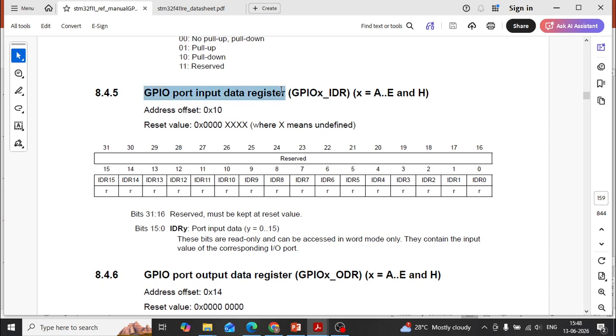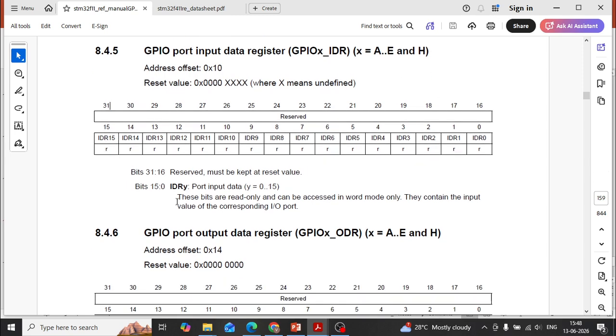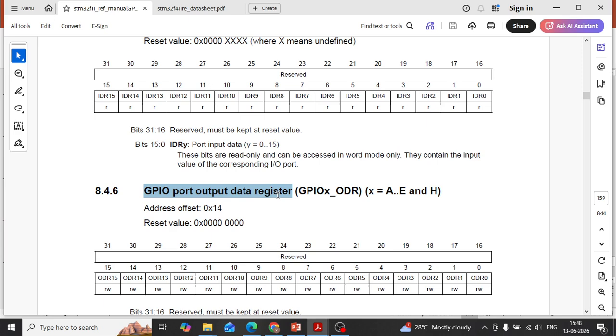You can see here, GPIO IDR stands for input data register. This input data register is used to read data. The GPIO IDR register is used to read the data from any input device. Then similar to that, we have the output data register, ODR. ODR stands for output data register, which is used to send data from your microcontroller.